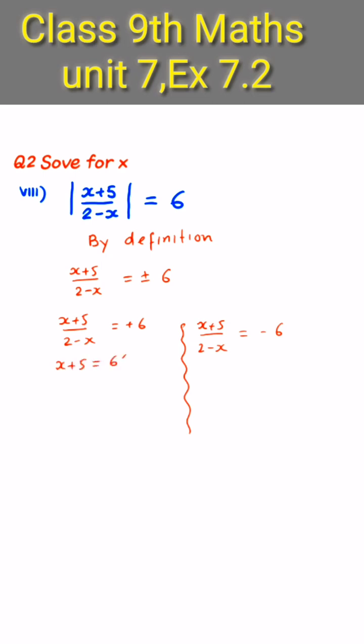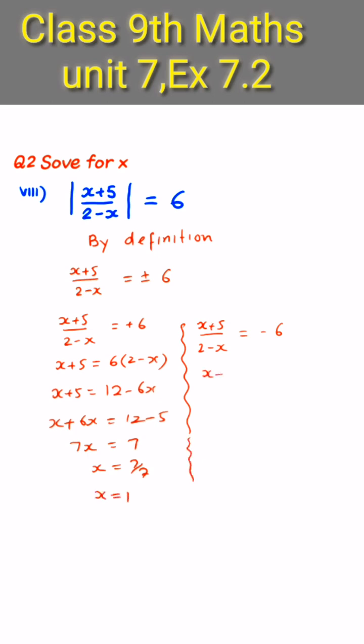X plus 5 will be equal to 6 multiplied by 2 minus x, 12 minus 6x. X plus 6x is equal to 12 minus 5, so 7x will be equal to 7. The value of x will be 7 by 7, so x will be equal to 1.